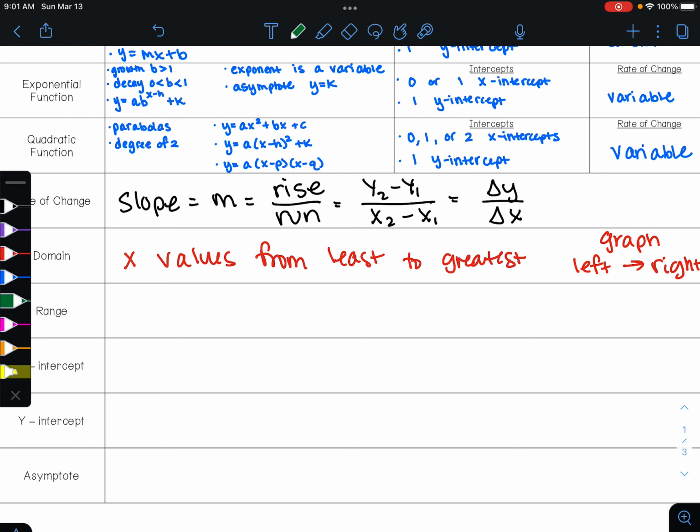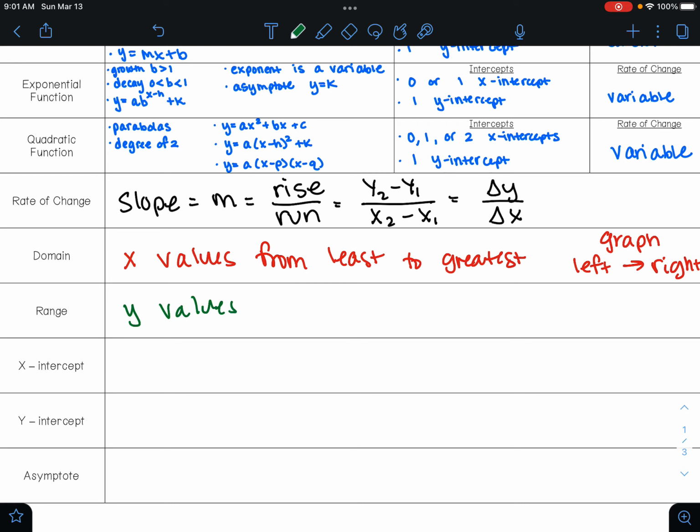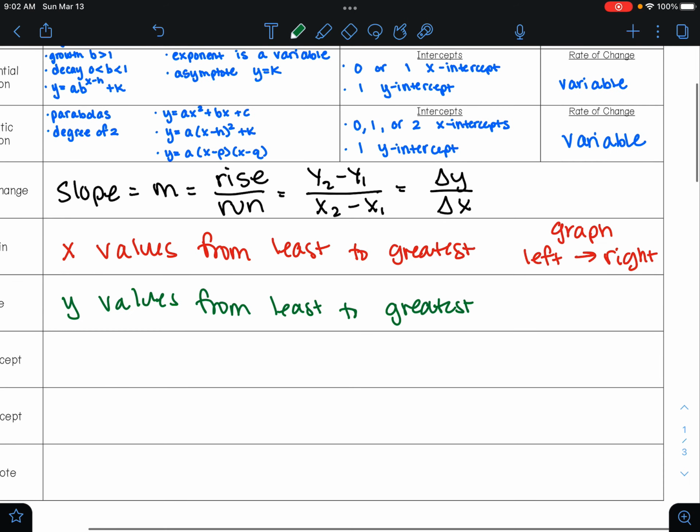Your range are your y values from least to greatest. If you are looking at a graph, it's from the bottom to the top.